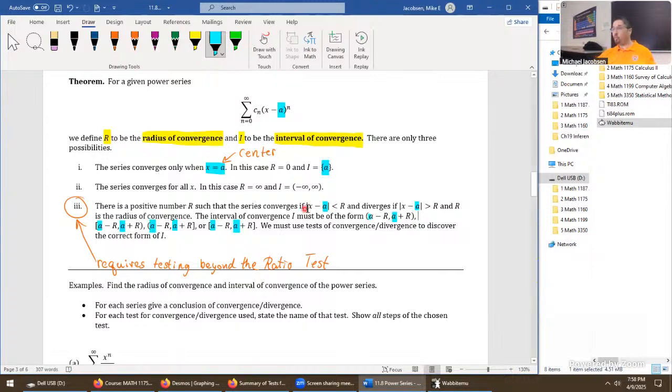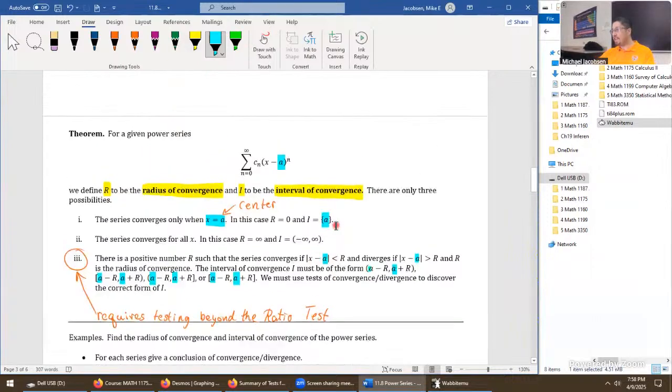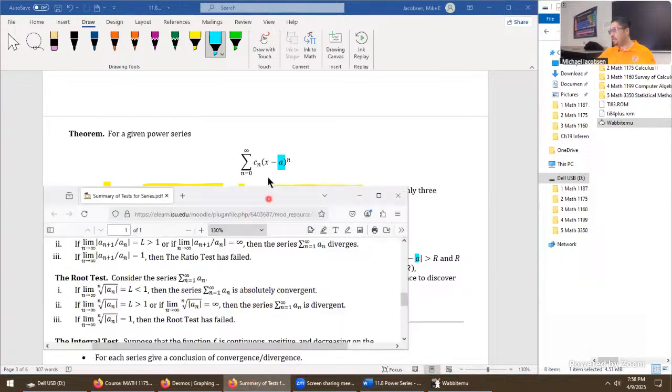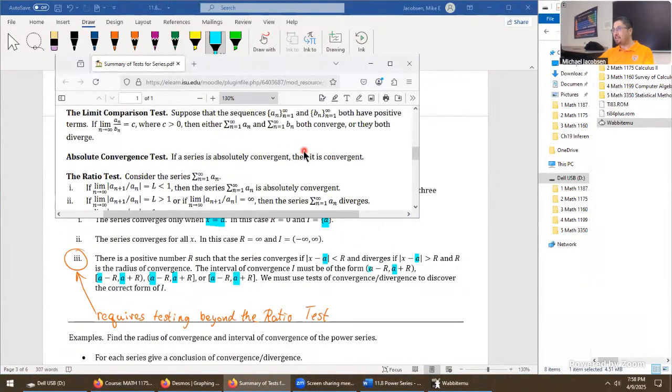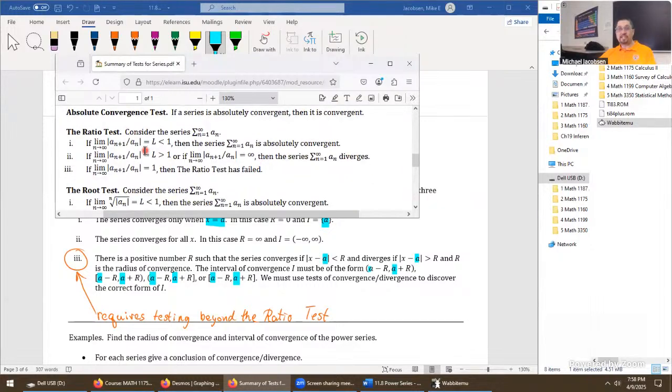Let's also discuss why there is further testing on this. That's kind of a tricky concept as well. It's all about one small issue with the ratio test. Notice it says convergence if x minus a is less than r. Well, they're talking about this case. We're going to make it come out less than 1 for convergence. Greater than r, divergence.